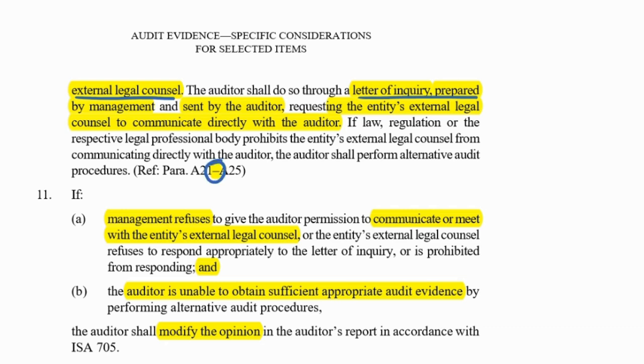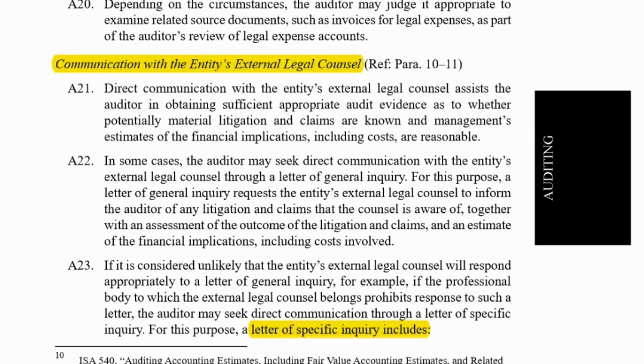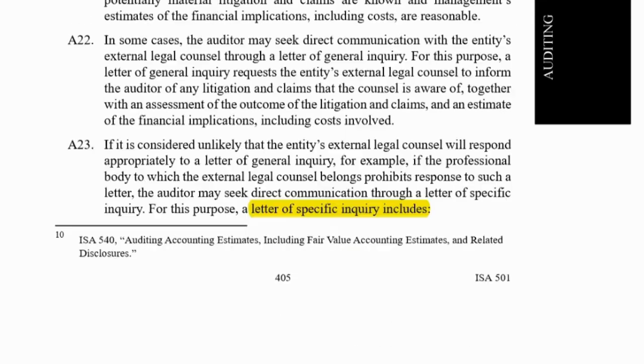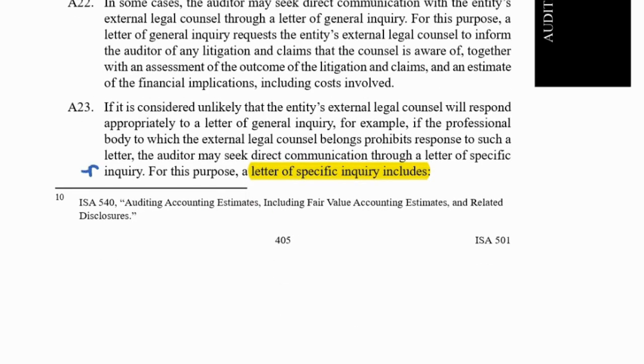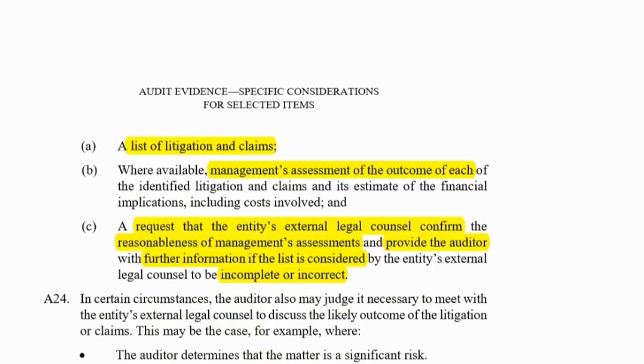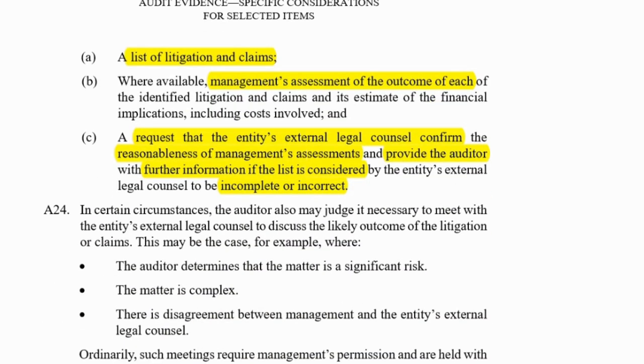So that's what I've got over here, 821 to 25. So here's this letter, which must include list of litigations with management's assessment of each and a request for legal counsel to provide us with whether this list is complete and correct.